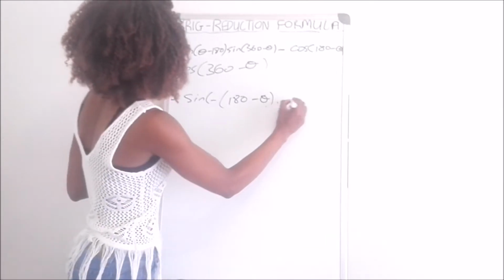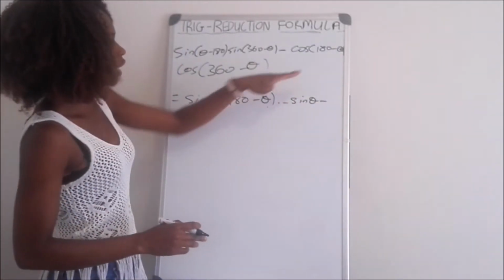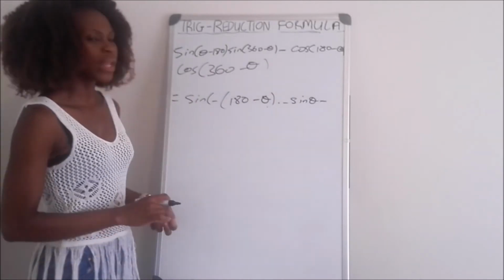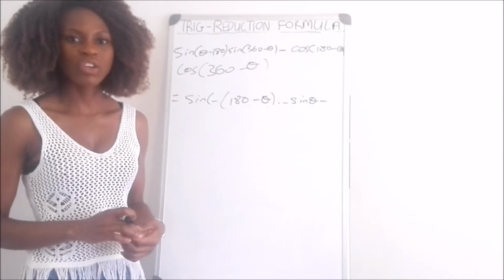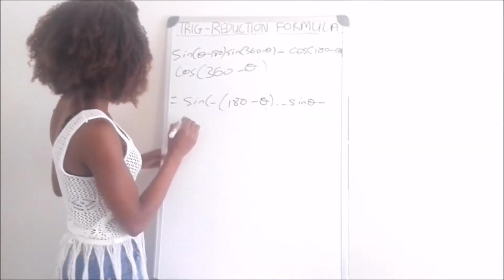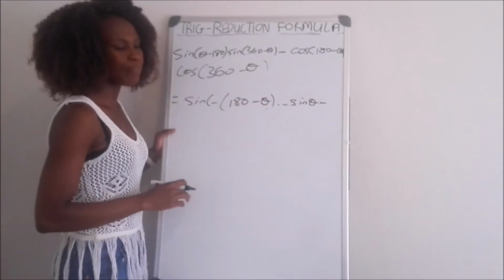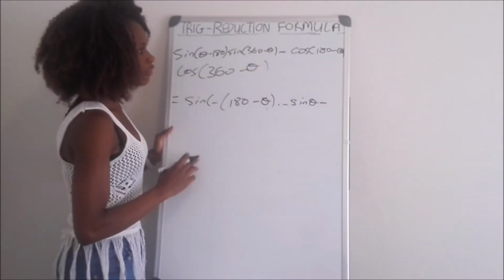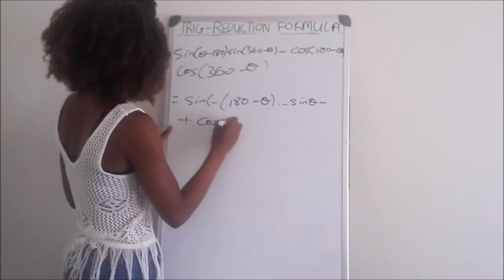That means that here we have negative sine theta minus cos into 180 minus theta. 180 minus theta is in the second quadrant, at which only sine is positive. That means this will give us a minus multiplied by the negative. There it will give us a plus cos theta.